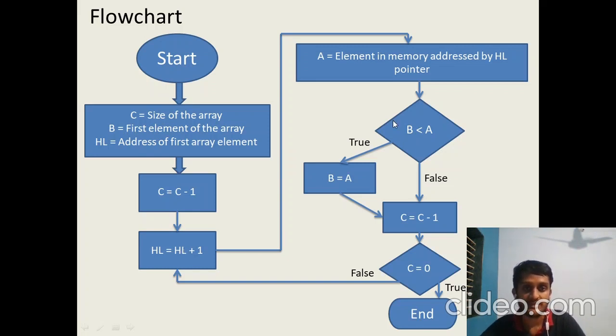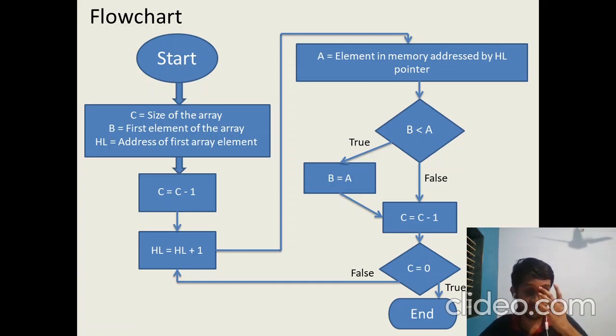Then we compared it with the second element and again decremented by 1. Now we need to move our HL pointer to the next element. So we will go on decrementing the C counter, and C would only become 0 when all the elements have been covered, that is, the array has been exhausted, and at that point register B would contain the maximum value in the array, and we would end the algorithm.